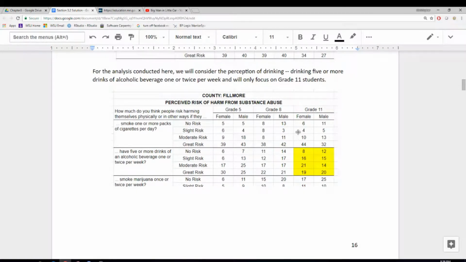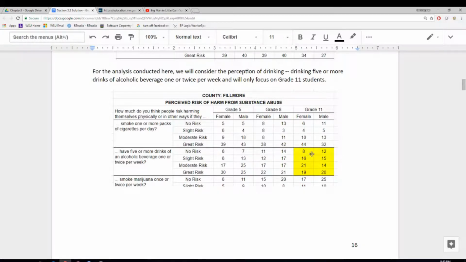I'm going to focus on the grade 11 students, okay, over here on the right-hand side. And then the question that dealt with risk harming themselves with 5 or more drinks of alcoholic beverage 1 or twice times per week. Now this table has the data broken out by females and males, but I'm not going to be concerned about differences between genders.